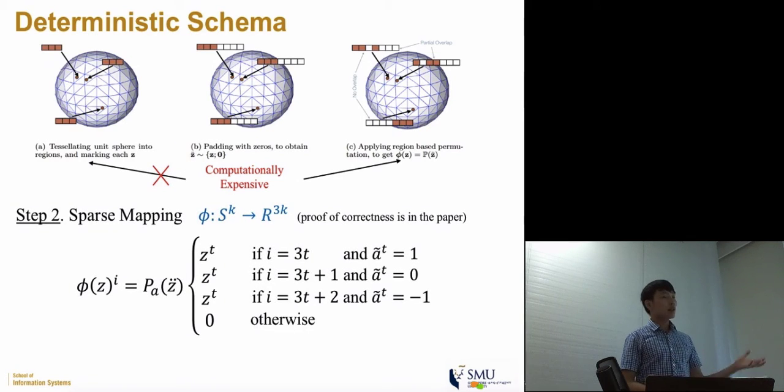So now instead of doing that, they construct a deterministic mapping function in which the input is associated with a particular region A and dense factor Z. So with that, you don't need to store all the permutations for all the regions on the unit sphere anymore. You just need to apply this deterministic function for each region. So with that, basically we solve the second problem.